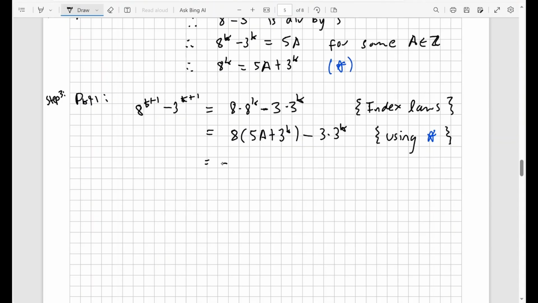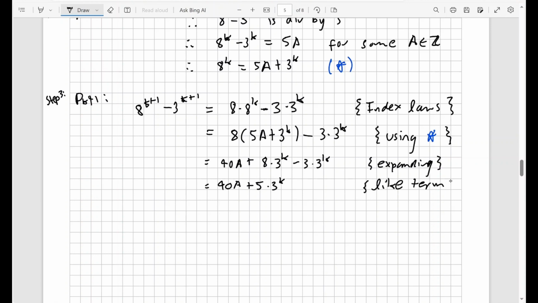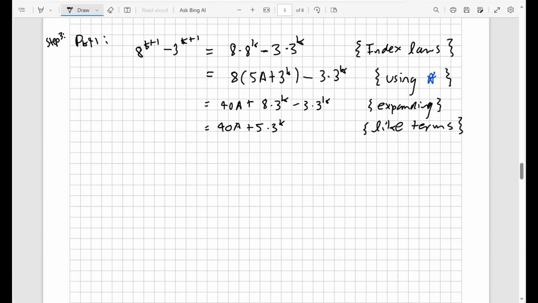Next we can expand it out. 40a plus 8 lots of 3 to the k, take 3 lots of 3 to the k. Expanding. So that's 40a plus 5 lots of 3 to the k. This can be like terms. Equals 5 lots of 8a plus 3 to the k.